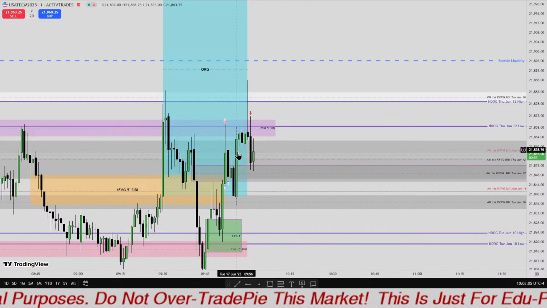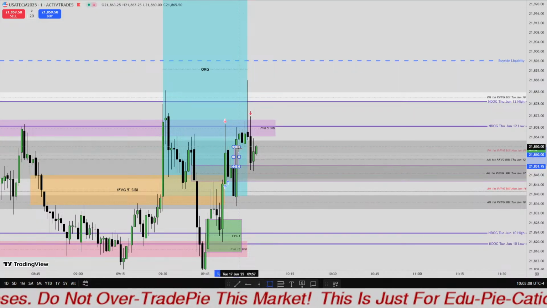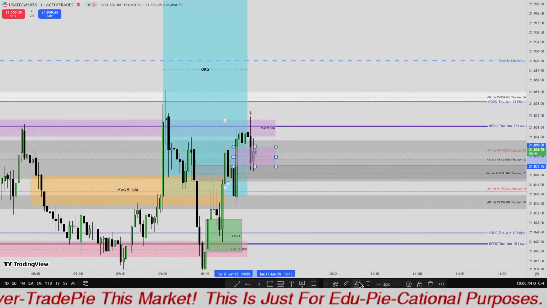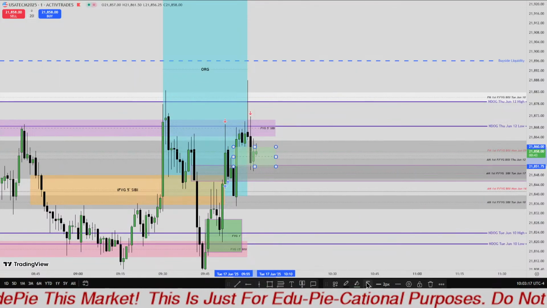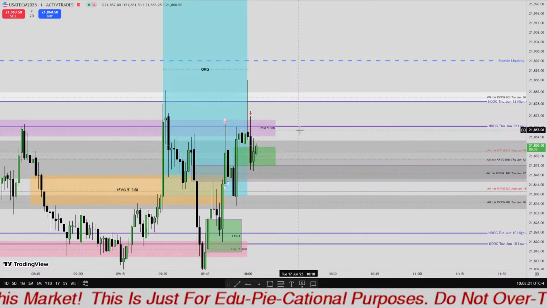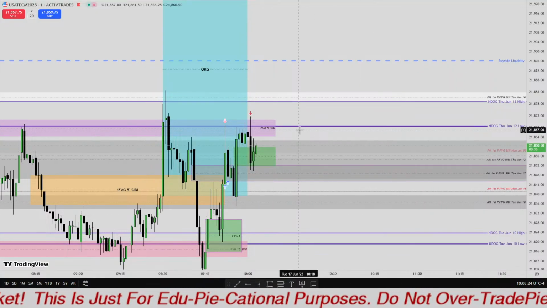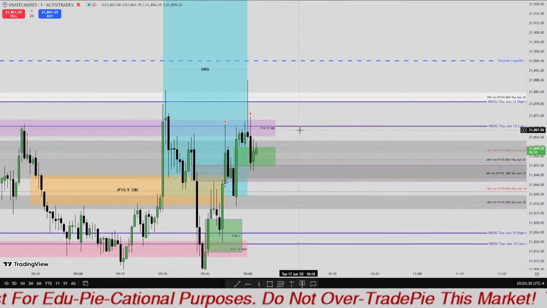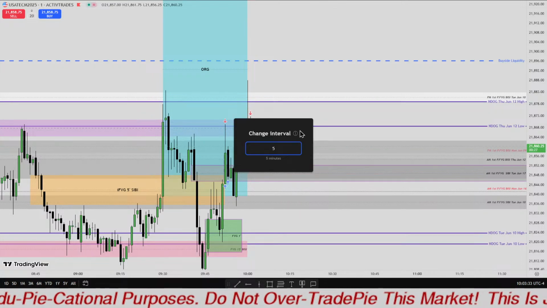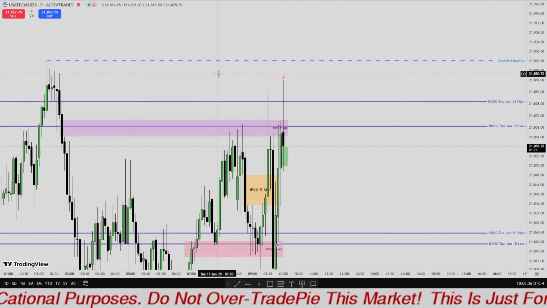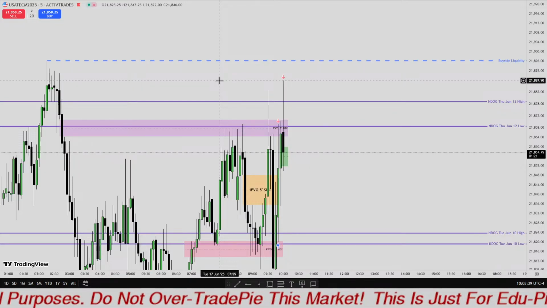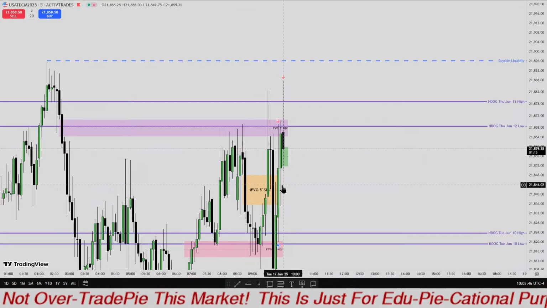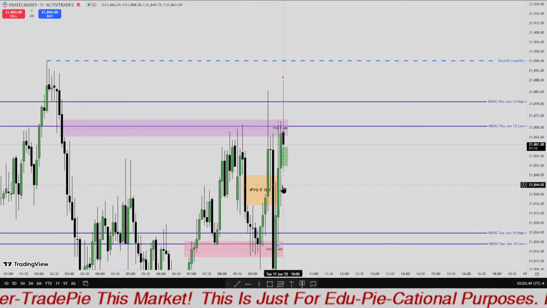Now we are staying inside this fair value gap over here. If you go to the 5-minute chart, you can see that this run just fell short of touching the buy side liquidity over here, and after that we started rolling back to the first presented fair value gap once again.